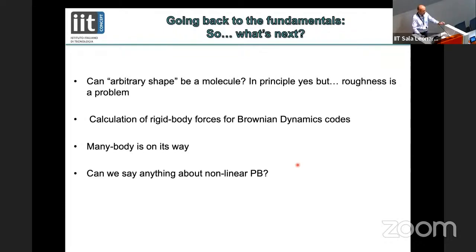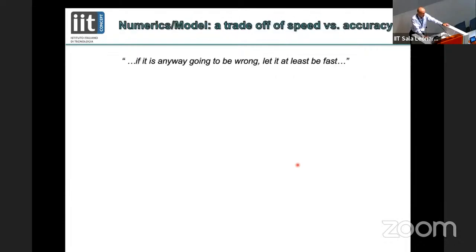So we could see whether we can find some kind of nonlinear description of the polarization inside that macroscopic particle. But then once we have done this, the solvent outside can still be described by the linearized Poisson-Boltzmann. So this is basically work in progress.